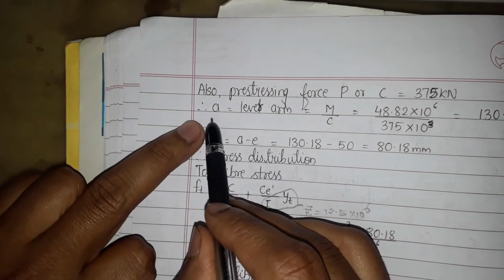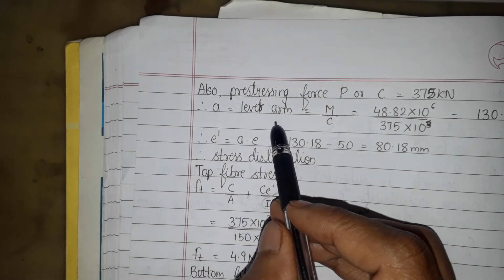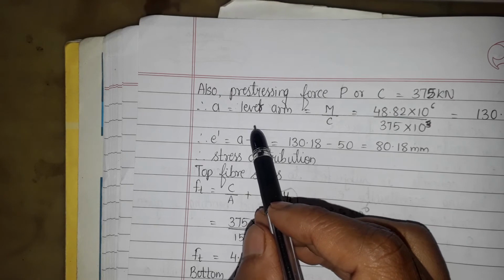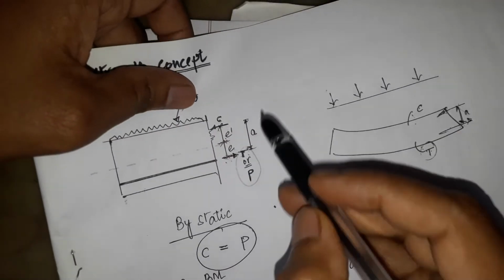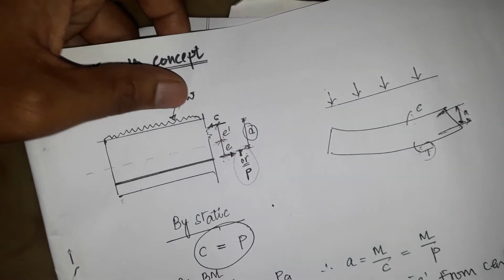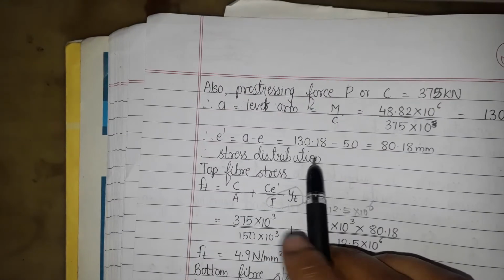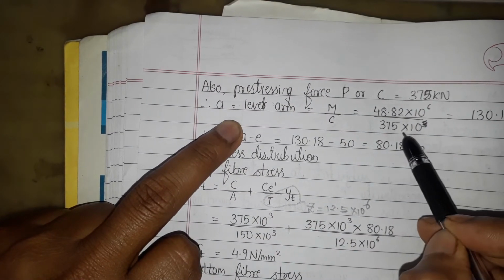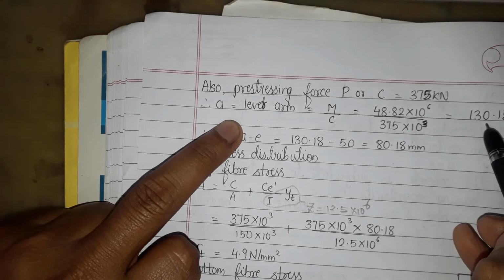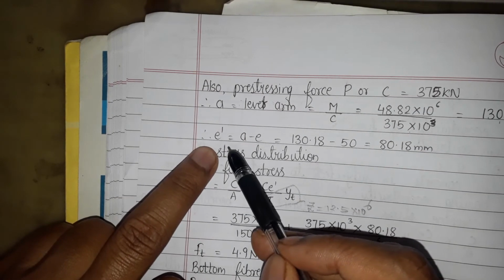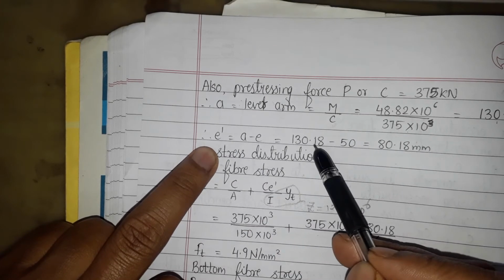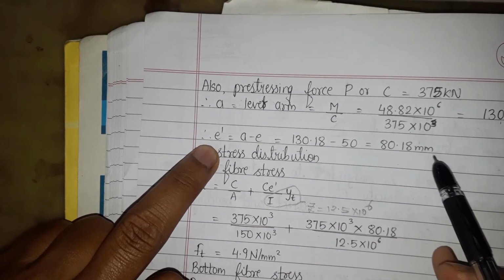So therefore A is equal to the lever arm between C and P. A is nothing but the lever arm between C and P, that is nothing but M by C. M is given, C is given, so you can find out A. So therefore E dash is equal to A minus E. We will get E dash as 80.18 mm.